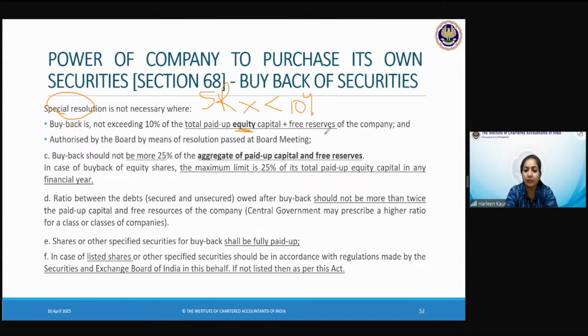So let's take a practical figure. 100 crores of paid up equity capital plus 20 crores of free reserves. Total is 120 crores. 10% of 120 will be 12 crores. If I am doing the buyback of 10 crores, do I need to pass the SR?